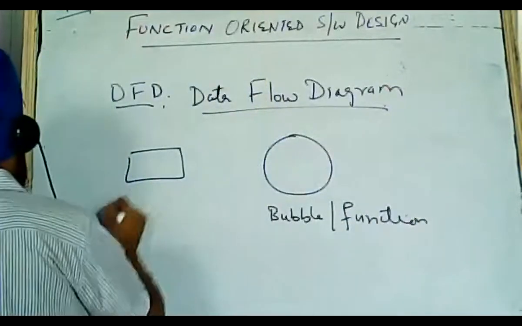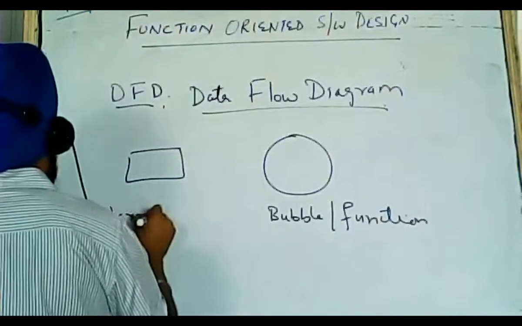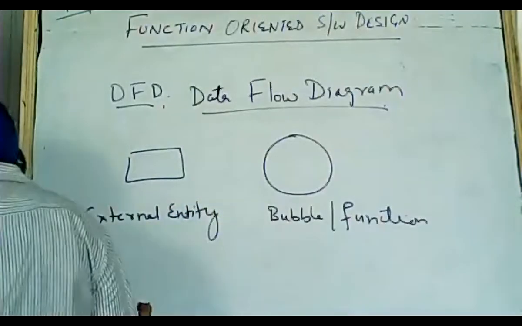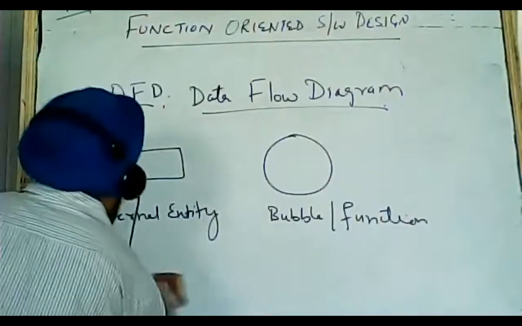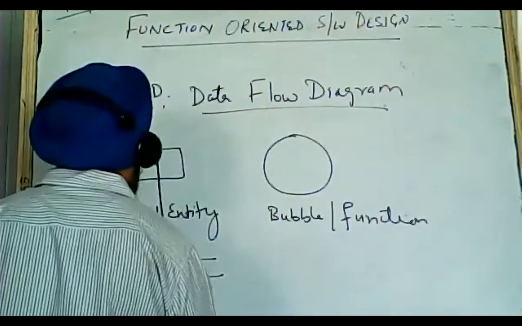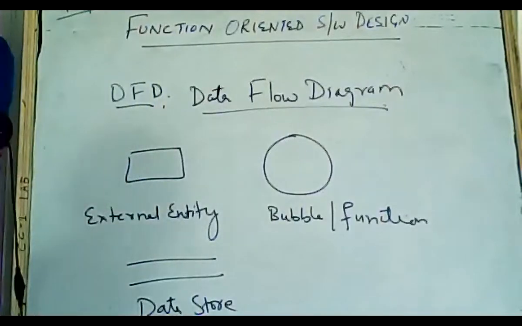This is the entity. The rectangle is the external entity. Then we have the arrow. Before the arrow, I will do one more. This symbol is known as the data store. Data store, very important.